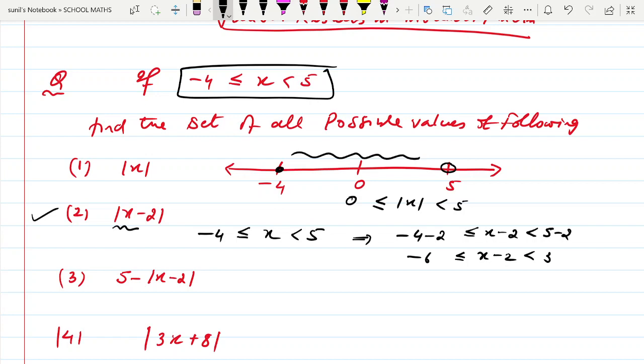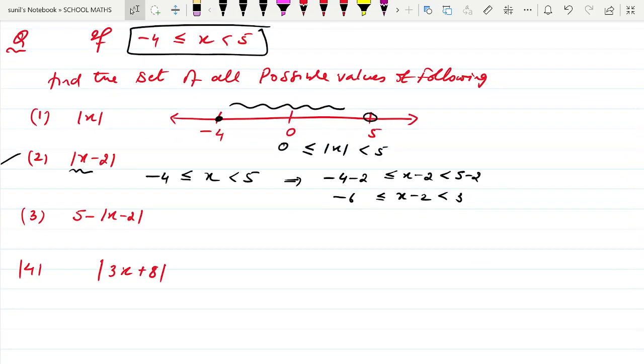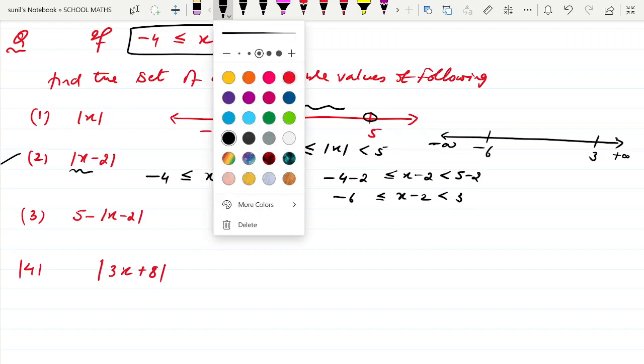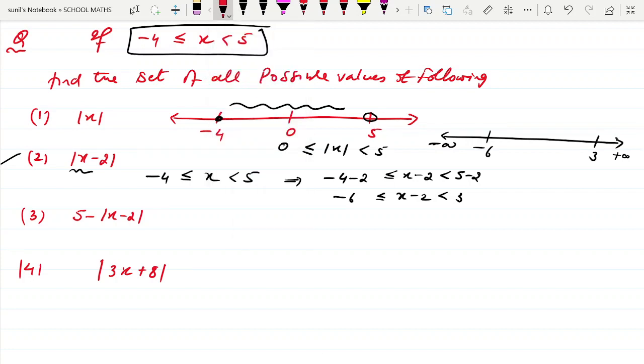Now I have to find the possible values of mod. Again, make a number line, from minus infinity to plus infinity. Here is -6 and here is 3. Certainly in this case, -6 is included and 3 is not included. Now start finding the mod of every value. Somewhere in between 0 will be there.